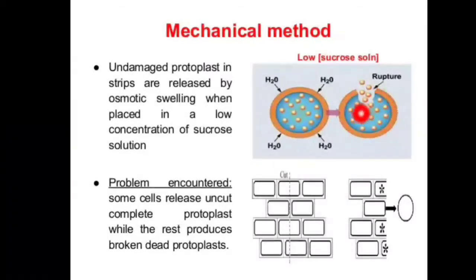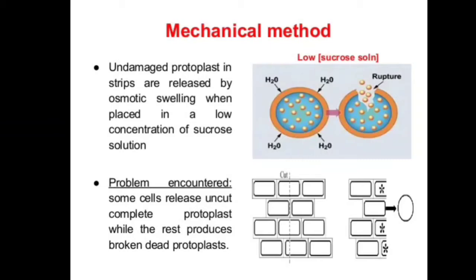And here the cell walls of the plasmolysed cells are ruptured or cut by mechanical processes. During these conditions, the protoplast remains in a concentrated state. Concentrated state means it remains in the osmotic solution. Okay. Then on deplasmolysis, the protoplast swells and comes out of the cell walls.